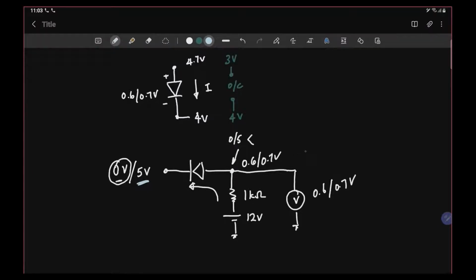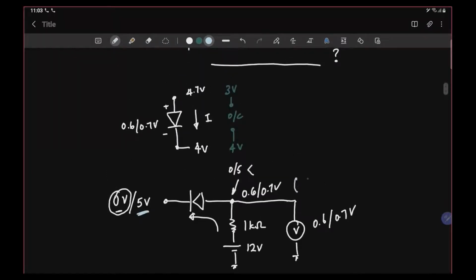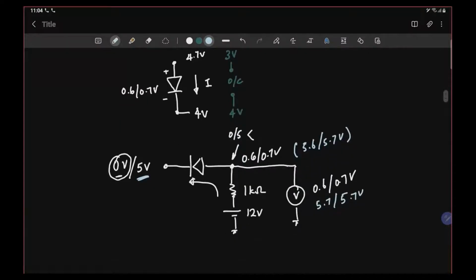So at this point here, you get 5.6 or 5.7 volts. So this measures about 5.6 or 5.7 volts. So it means that if I put a low, I'll get a low. If I put a high, I'll get a high in a single-branch diode circuit.